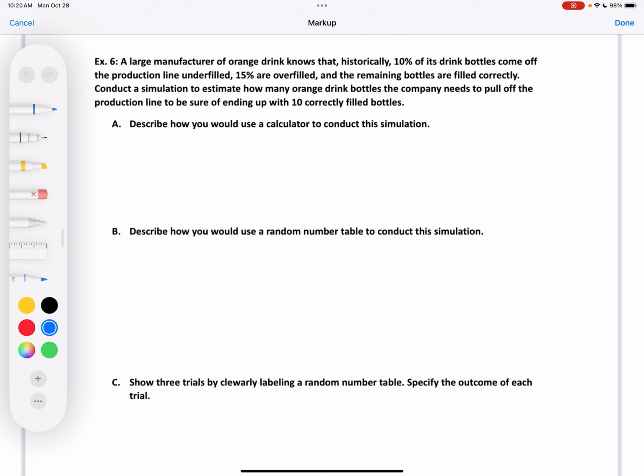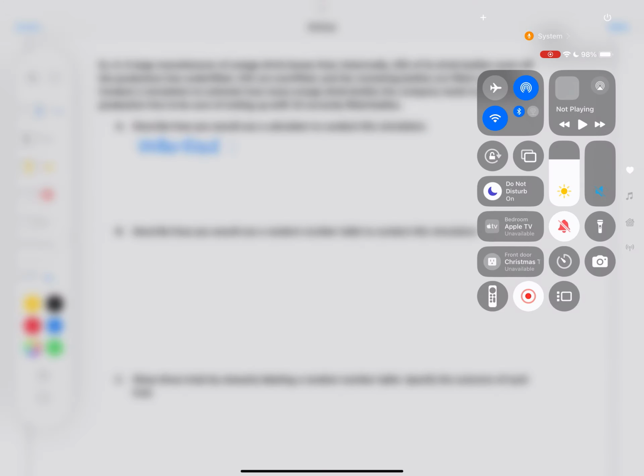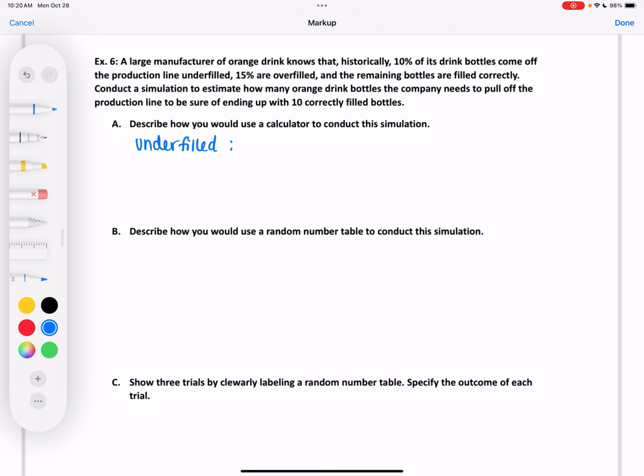So underfilled, I would probably say just do 0 through 9 because that would be a total of 10%. If you were doing it on the random number table instead of the calculator, you would need to use 0, 0 through 0, 9.